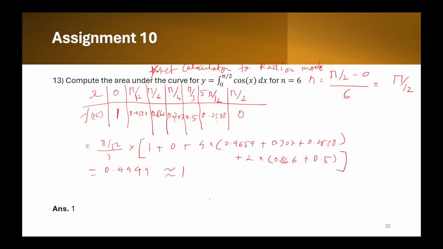That's what your answer is. So if you see, this is your area under the curve, which is equal to 1. This is 0, this is pi by 2, this is 1, and this is your area under the curve. This is the cos x.